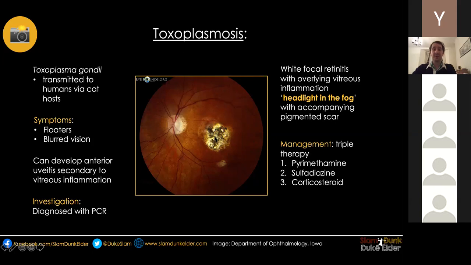You can appreciate that there, and it's often accompanied by a scar next to it. This can develop into anterior uveitis, and we typically diagnose this with PCR if it's not clear from the history and the examination, and we treat with triple therapy.